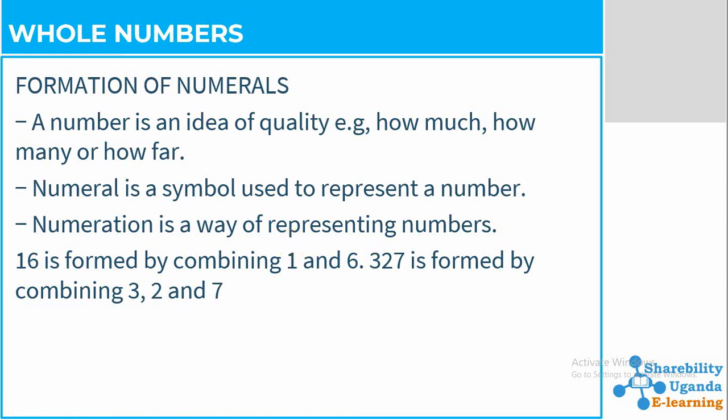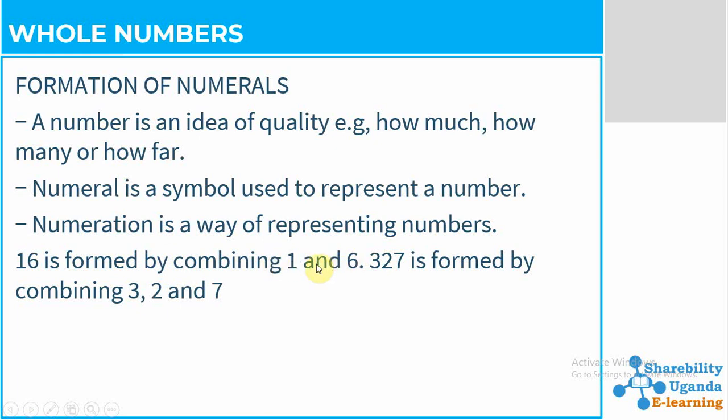Also we have to understand that after we have represented these numbers, we should be able to understand how we form these numbers. How do they come about? For example, here we have our 16, and they are telling us that 16 is formed by combining 1 and 6.